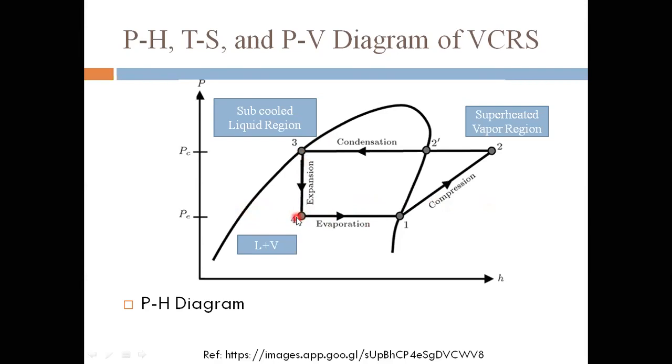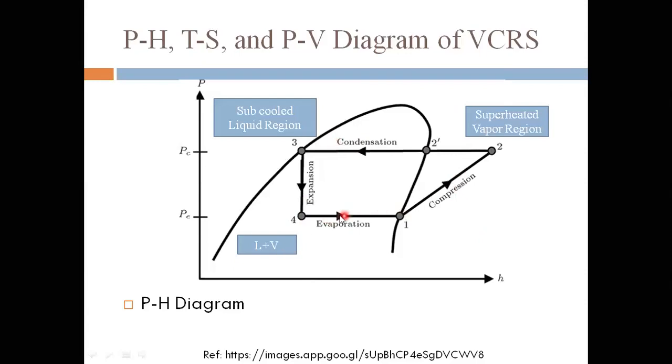After the expansion process, the refrigerant is at very low pressure and very low temperature, so we can utilize it for the cooling effect, the refrigerating effect. For that we require the evaporator. In the evaporator, the liquid refrigerant is evaporated to give the refrigerating effect. It absorbs heat from the substance and is converted into vapor form, and the cycle is repeated.